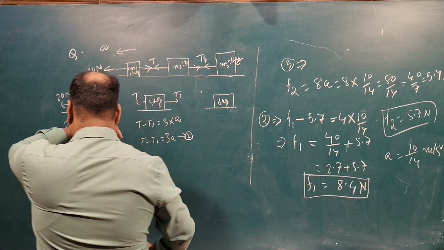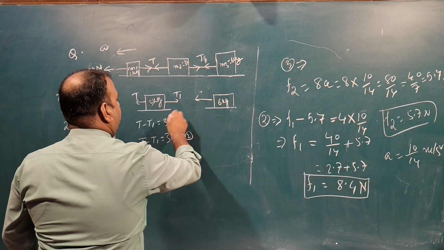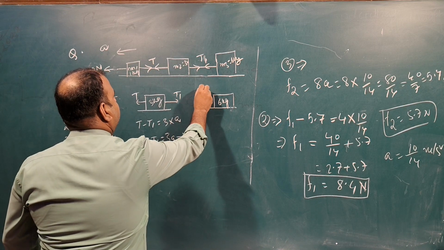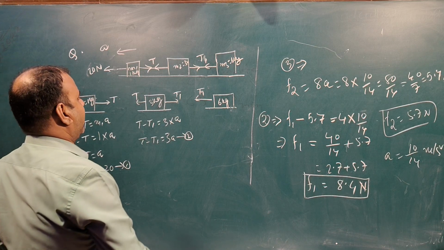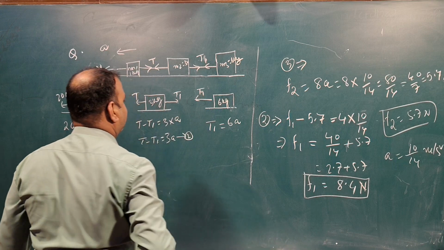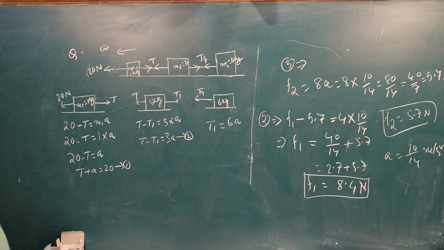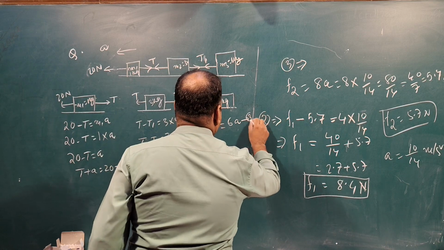Here the diagram will be for the tension force, like this. From the given diagram, it is clear that T1 is equal to 6A. T1 is equal to 6A. Now give the equation number 3.